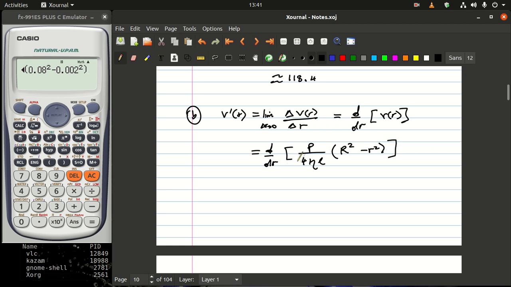And if you look carefully into this, you will find out that this is a constant because it's given. This one is a constant, this one is a constant, and this one is a constant. So whenever I want to take a derivative, I always take the constant out of the derivative with respect to r, and then we take the derivative with respect to r of R squared minus r squared.